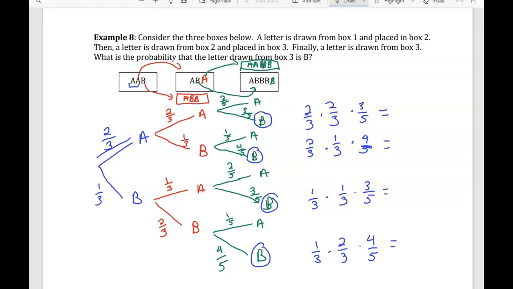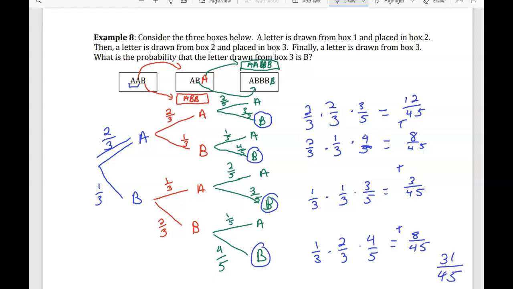So when we multiply across, we're going to get 12/45, 8/45, 3/45, and 8/45. And we're going to add these up because I can get a B this way, or this way, or this way, or this way. So I'm going to add these up, and that will get me 31/45.